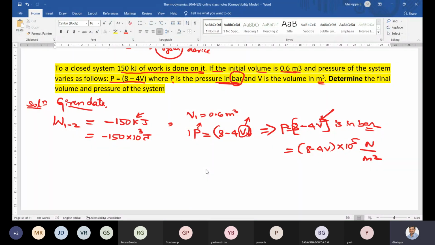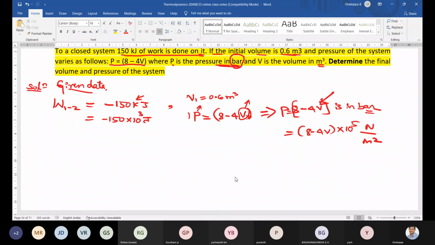Determine the final volume and pressure of the system. Final volume means which, V1 or V2? V2. Final pressure? P2.